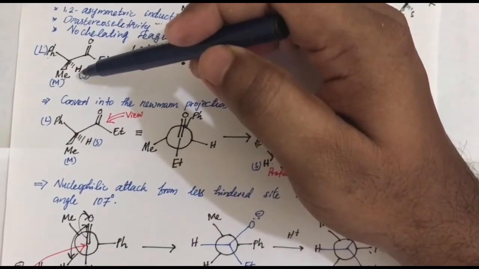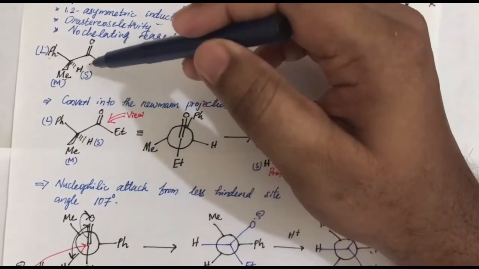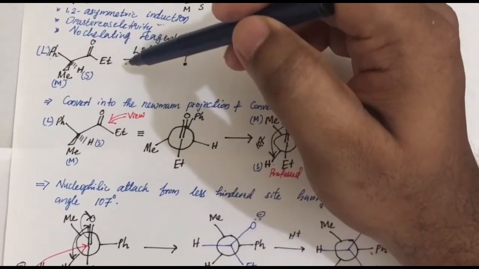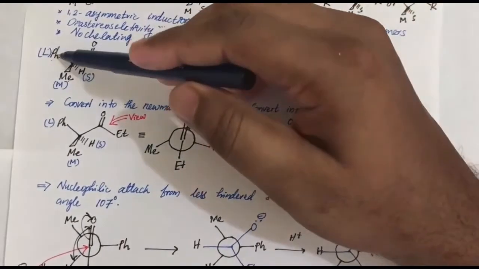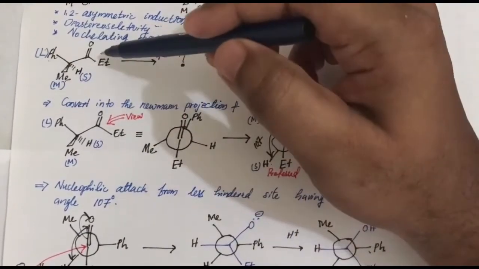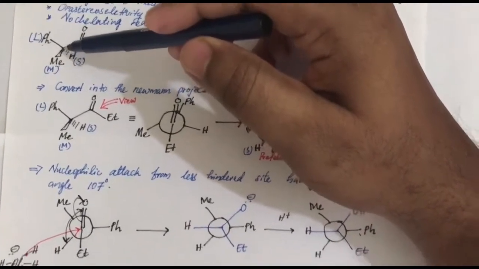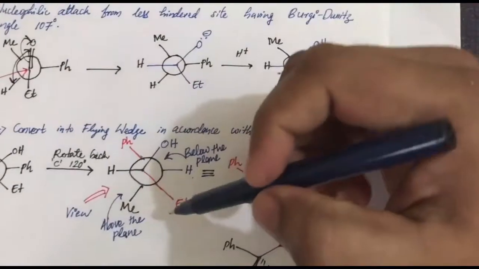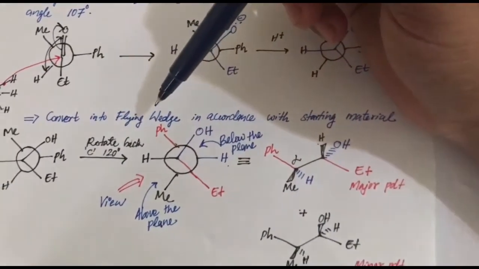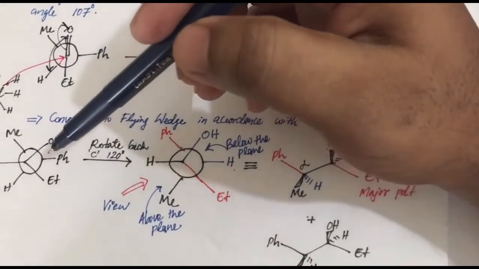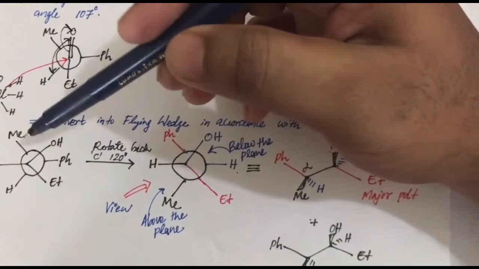That is mandatory. So suppose you have an objective question, we want to obtain the answer according to the given options. So what are the species present in the plane of paper, and what are the species present at wedge or dash at the alpha carbon? Okay, so in order to do that, I want to place Ph and Et coplanar.